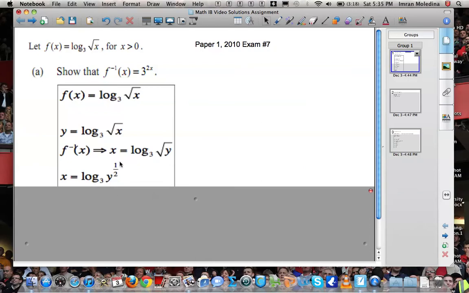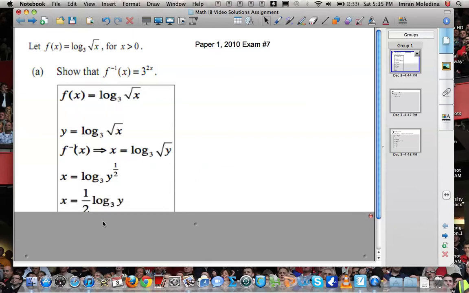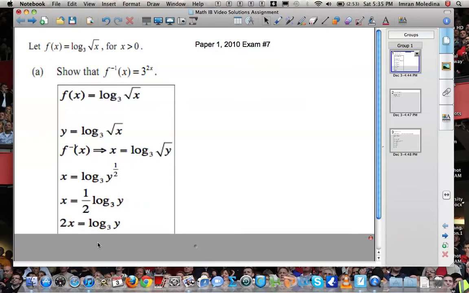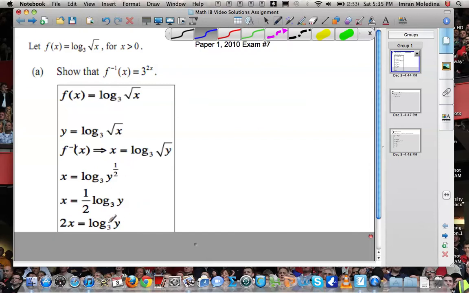Now using our log rules, we can bring the 1/2 down to make this a bit easier. So we can get x equals 1/2 log base 3 y. We can divide both sides by 1/2 to get rid of the coefficients there. So we get 2x equals log base 3 y. Now those who are in Mr. Shaw's class will know the Shawzy method, but this is just another log rule.